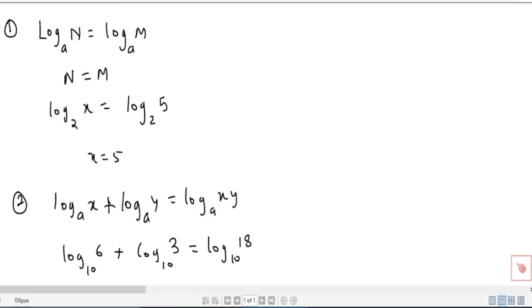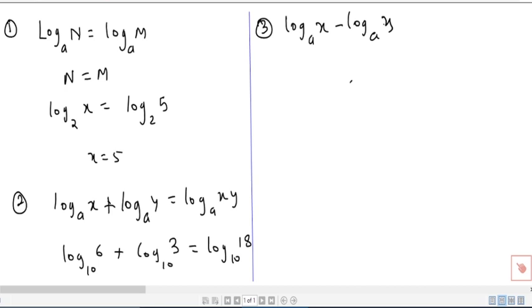Okay, now let's talk about the third property. Property number 3 says just the opposite of this one. If you have log at base a of some number x minus log at base a of some number y, then it is equivalent to log base a of x over y.